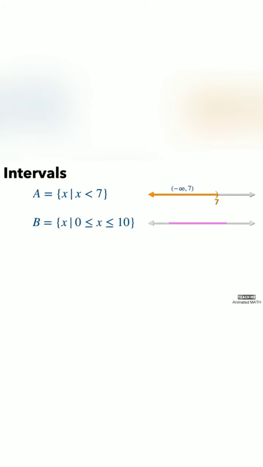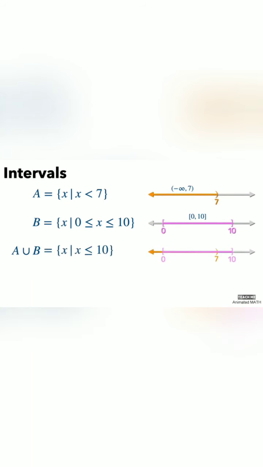Now let's look at the union or intersection of intervals. A is the set of real numbers less than 7. B is the set of real numbers from 0 to 10. The union of A and B is all of the numbers in A and B combined.